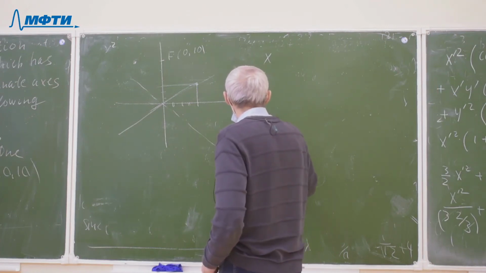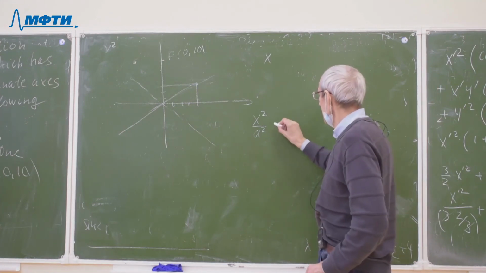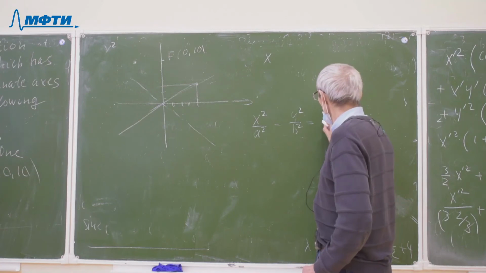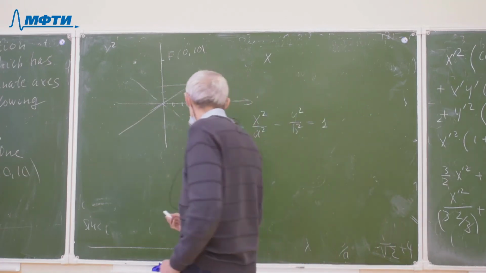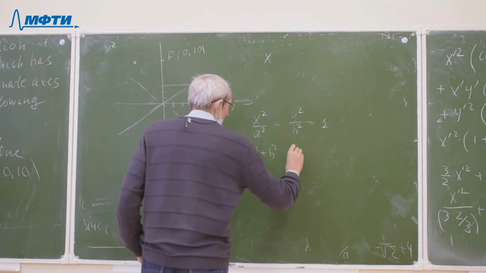The canonical form is the following: x square over a square minus y square over b square is equal to 1. c square is equal to a square plus b square.